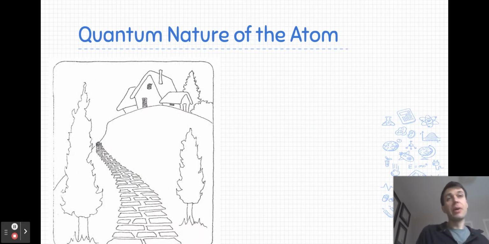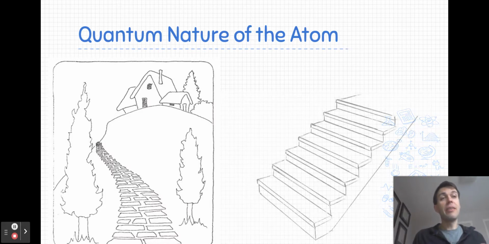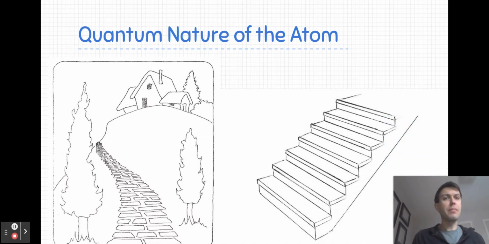Another way to think about the quantum nature is comparing climbing up a hill on a continuous path versus climbing up stairs. As we're climbing up the hill on a continuous path, we can actually be at any sort of vertical elevation. Whereas when you're climbing up steps, you're on one step, and then when you take a step up, you're on the next.